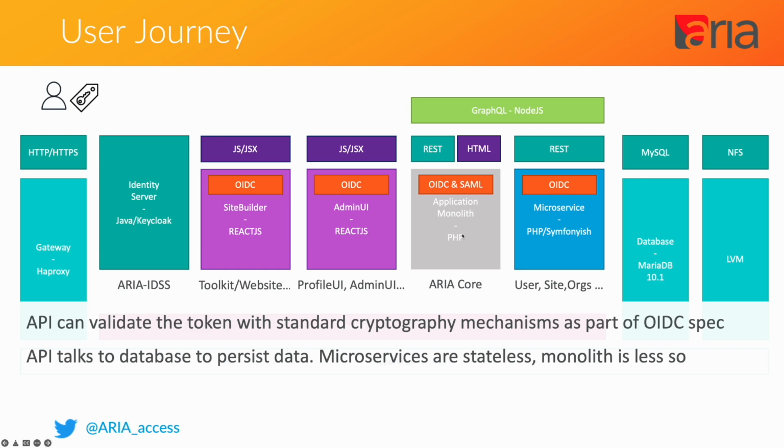But right now, we've got a little bit of a fudge, and this becomes a little bit of a problem. The OpenID Connect token can expire, and this expiry is different from the session expiry.